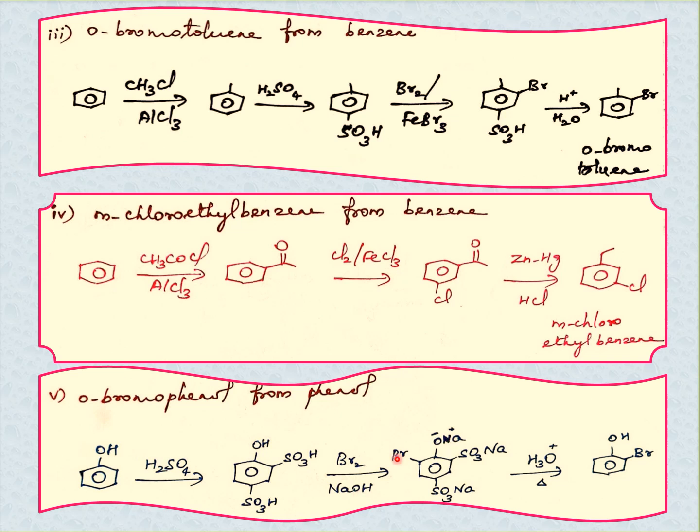It gives the bromonium ion, and the OH is converted into phenoxide, the sodium phenoxide anion, which on treatment with dilute acid, both SO3H groups get desulfonated to give the required ortho-bromophenol, the expected product. It has been synthesized from phenol.